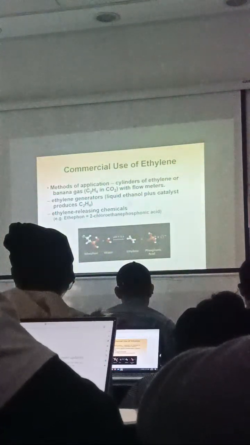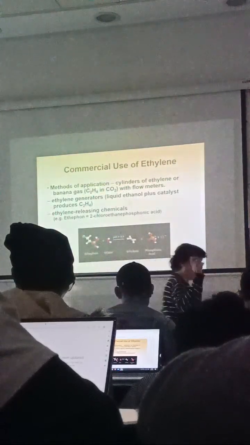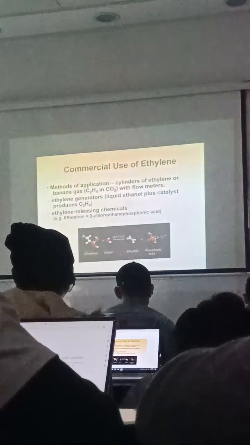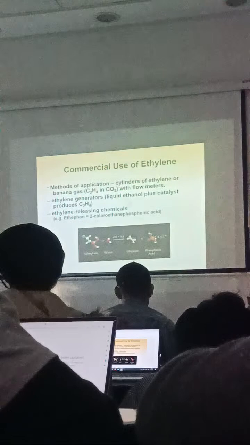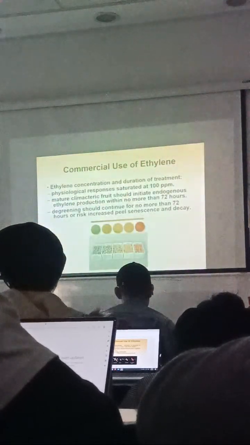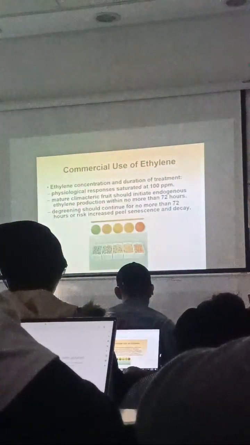It will make it more red, more ripened, and so on. They are doing it in mango. In India, they grow a lot of mango, so they are doing this method. Okay, so we are using commercial ethylene.